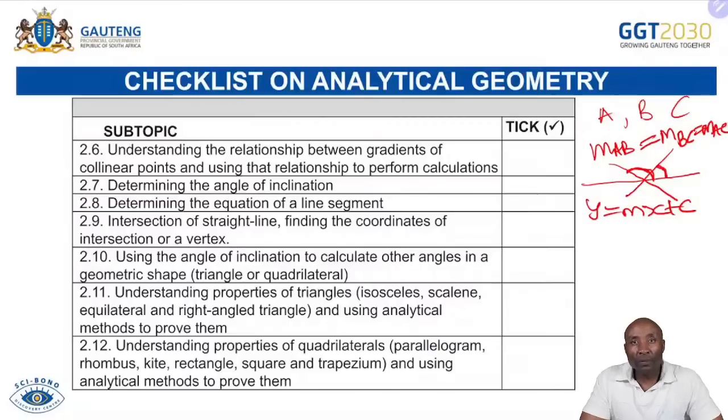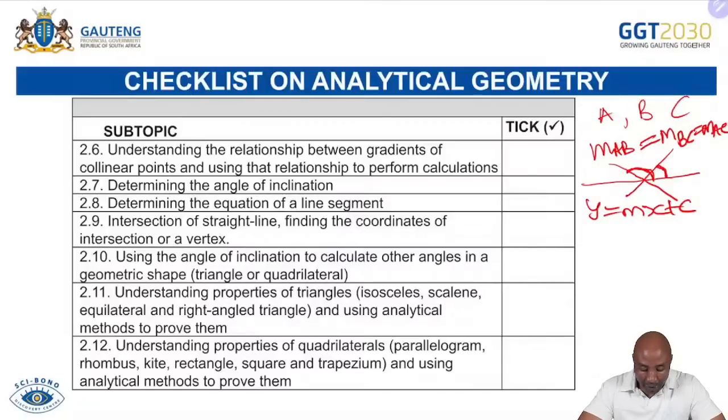Sometimes you'll be asked to find the angle between two lines that are intersecting, as well as finding the coordinates where you might need to solve the equations of the two straight lines simultaneously to find the point of intersection, which will give us the coordinates at the point of intersection of those lines.